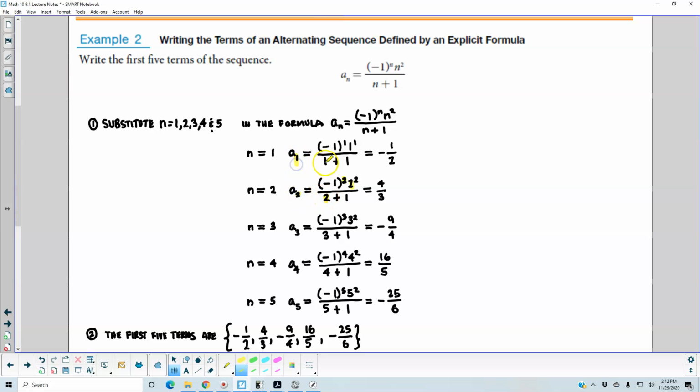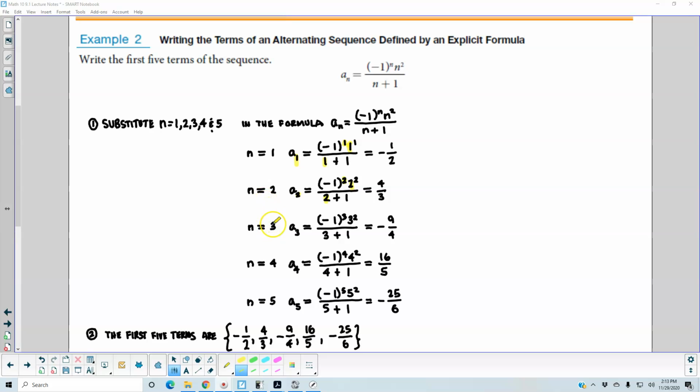Same thing with this 1. This is the one that replaced n. This was n, and this was also n. So let's find the second term. (-1) to the second power is +1, times 2 to the second power, which is 4 in the numerator, and 2 plus 1 in the denominator gives us 3, so it's 4/3.